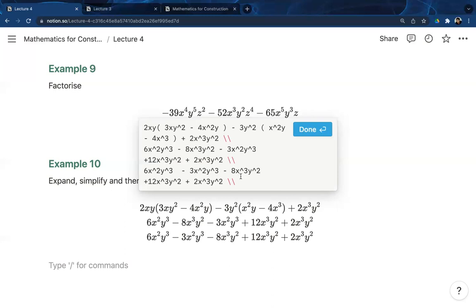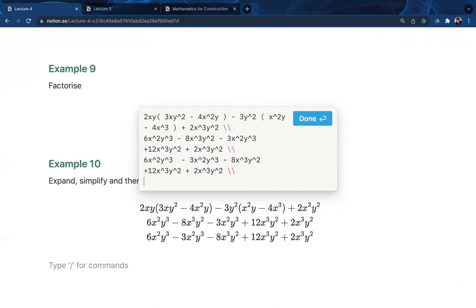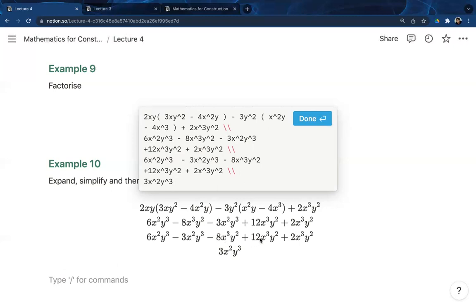Now the terms are grouped, you just add the coefficients. So 6 minus 3 is 3. And we have negative 8 plus 12. These 3 terms are like terms here. So negative 8 plus 12, that's 12 minus 8, which is 4. And then 4 plus 2 is 6. So that's 6 of these guys here: 6x cubed y squared.